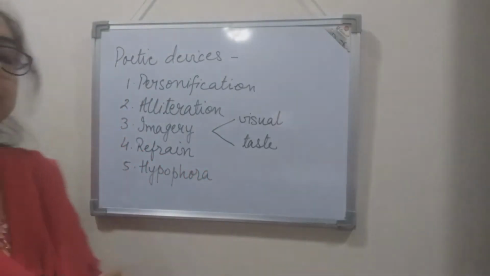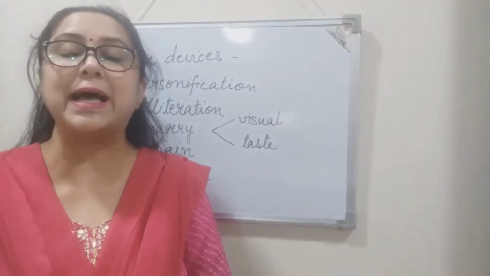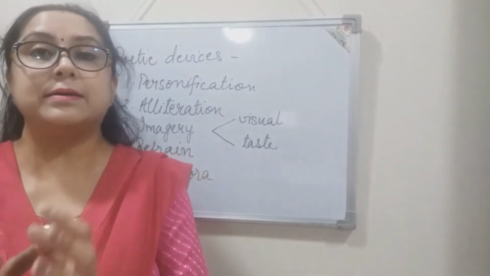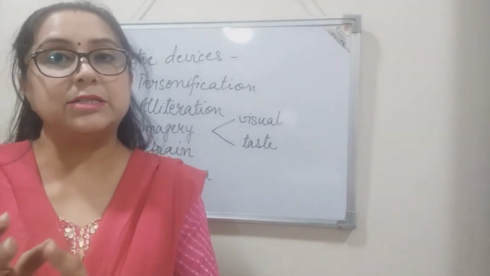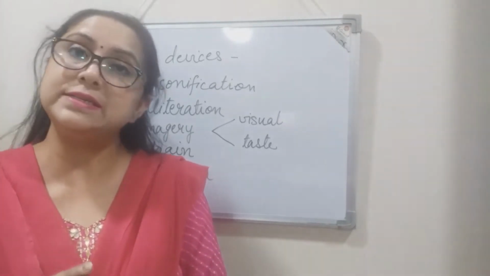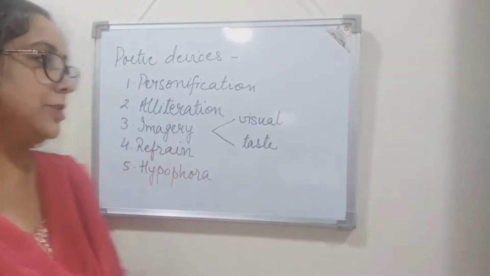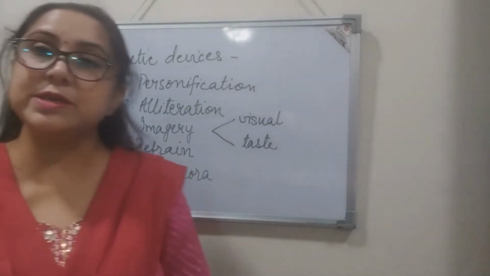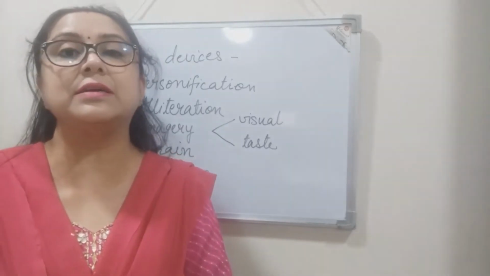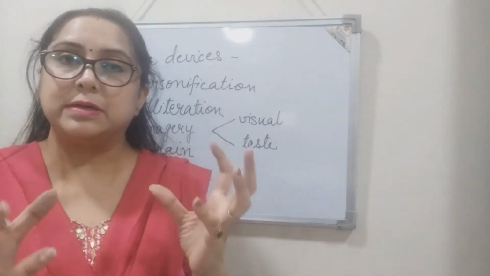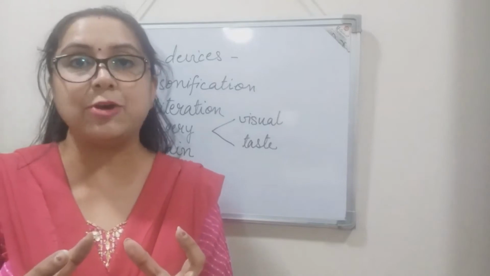Next is alliteration. If you remember, I've explained you alliteration is when in a line words begin with the same consonant sound. So that is alliteration. Next is imagery. Through imagery the poet creates a picture in the mind of the reader.